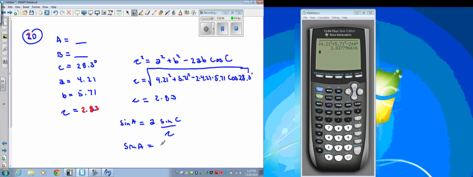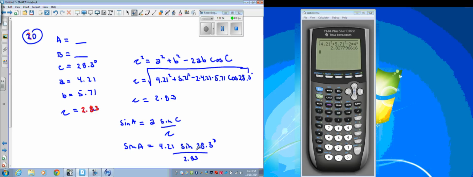I'm going to plug the values in and make sure that I have it, and not get into the trouble of, like we do in that case, where the sine of A is larger than 1. This is C, 2.83.